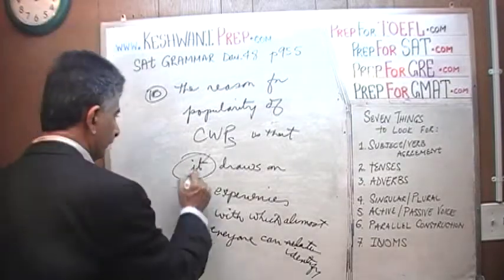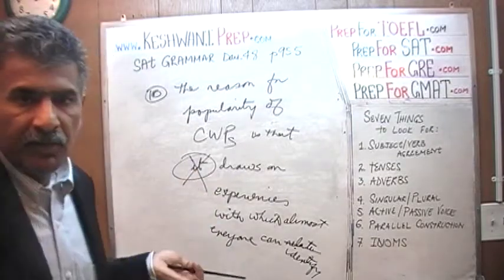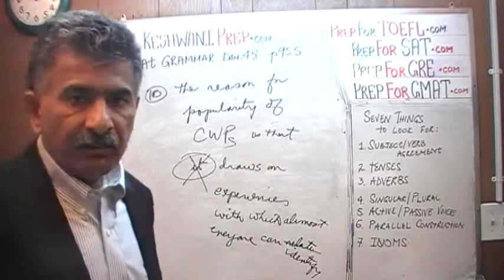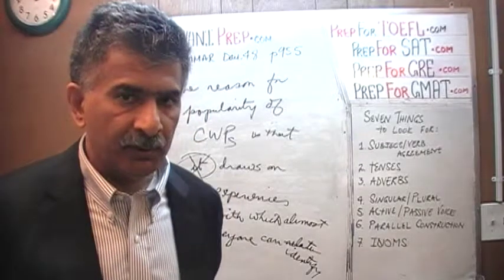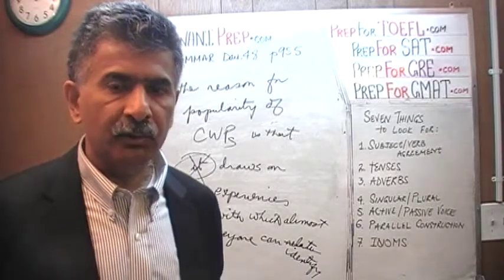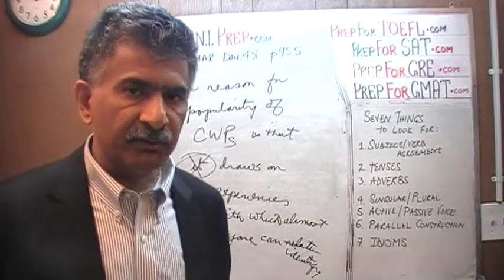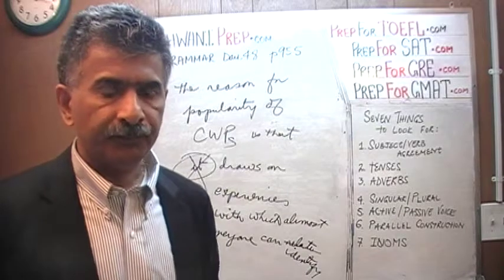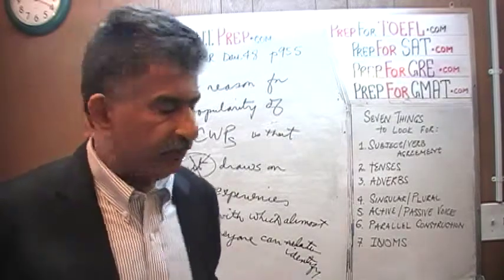Their music, not it, because so far they have not mentioned the music. You can't go around referring to somebody with he or she without ever mentioning that person's name in the sentence earlier. They have never mentioned the music, so we have to mention it.